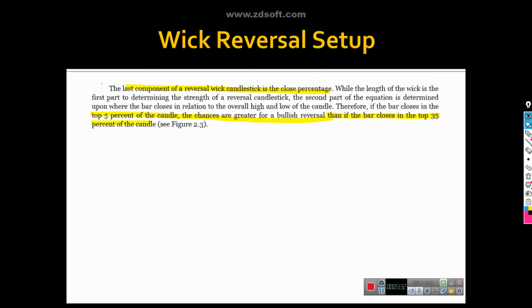So far, one is the body, the other is the wick length. If you consider this as x, you will consider the wick as 3.5x minimum. So these two parameters you have considered, correct? The last component is the closing percentage.